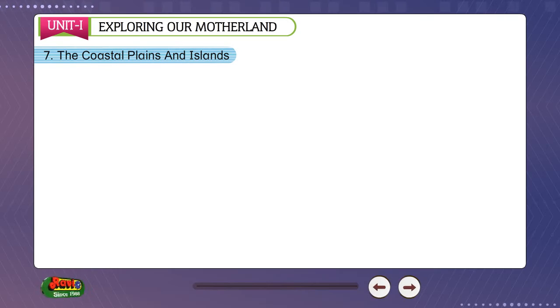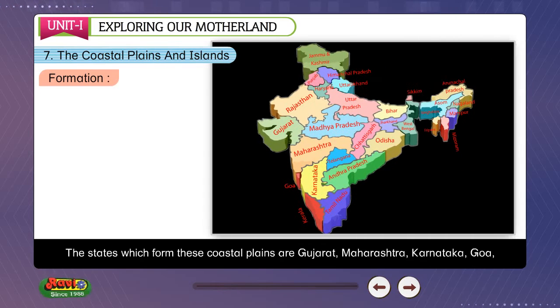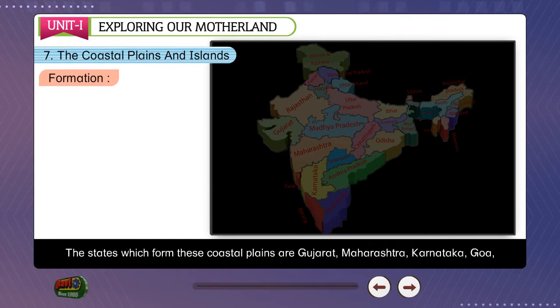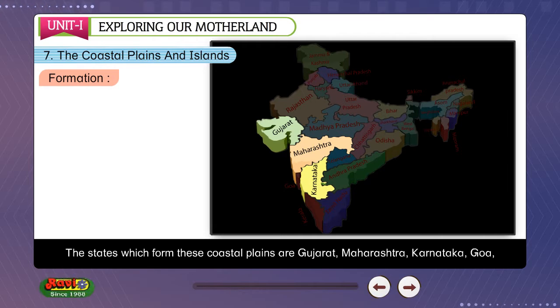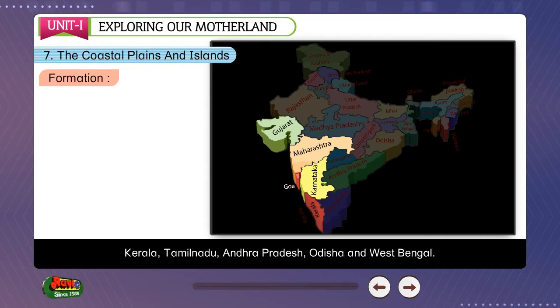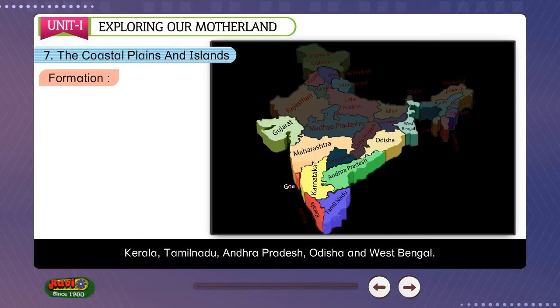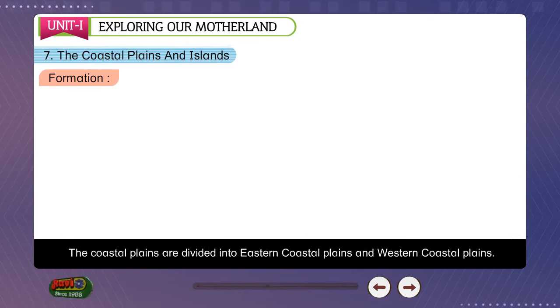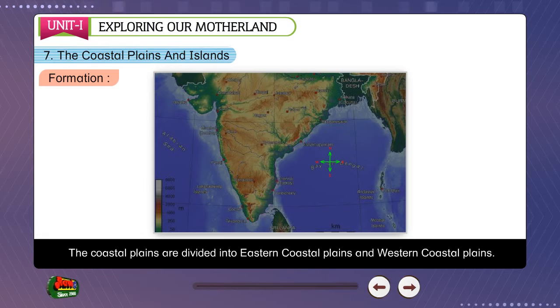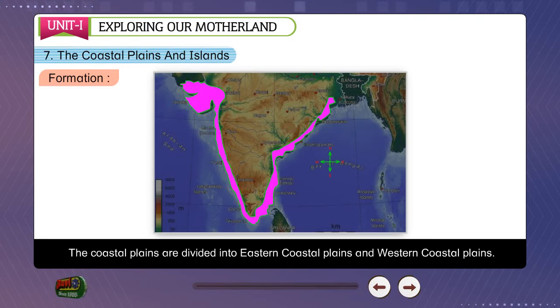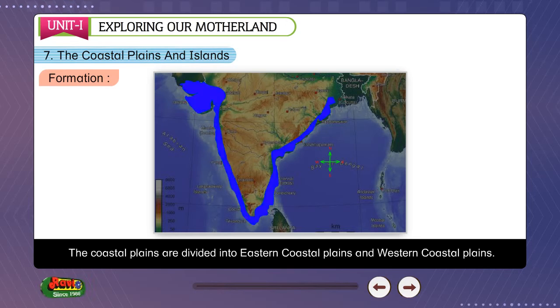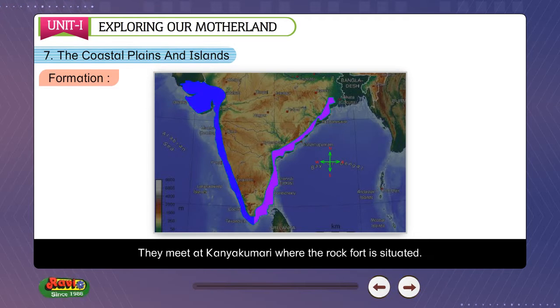The states which form these coastal plains are Gujarat, Maharashtra, Karnataka, Goa, Kerala, Tamil Nadu, Andhra Pradesh, Odisha, and West Bengal. The coastal plains are divided into eastern coastal plains and western coastal plains. They meet at Kanyakumari, where the rock fort is situated.